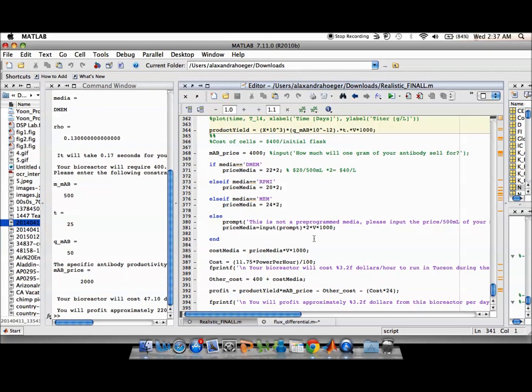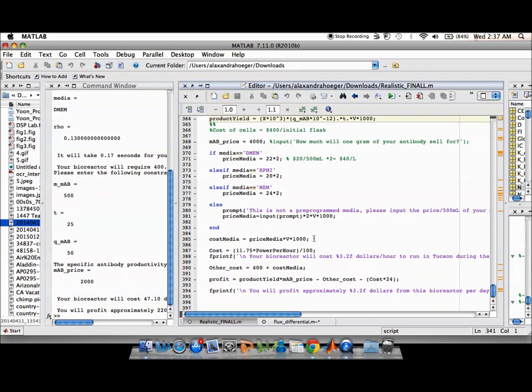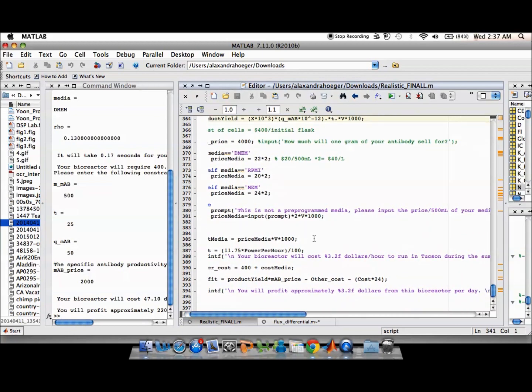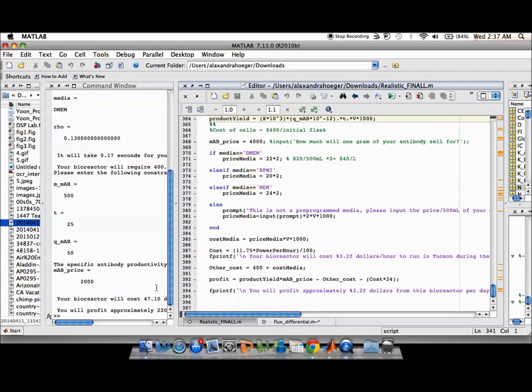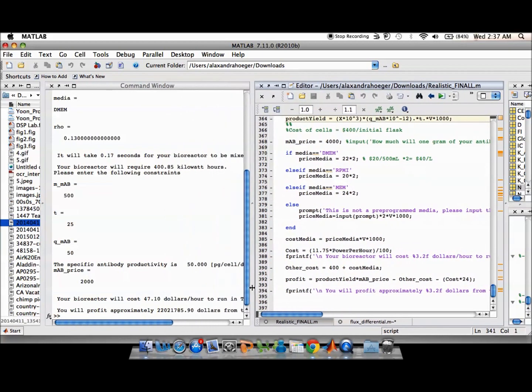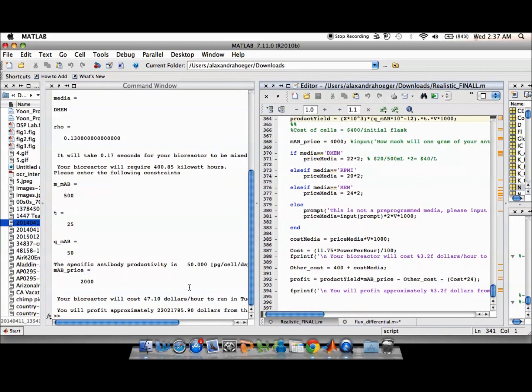So subtracting these costs, assuming that you already have the bioreactor built, so not taking into account costs for building the bioreactor, the model is able to produce your approximate profit for the bioreactor. Running it with the conditions that we specified, we should be making a profit of about $22 million per batch of these monoclonal antibodies.